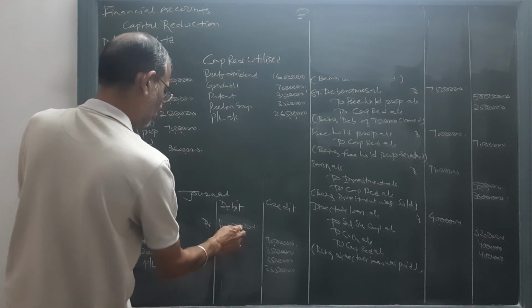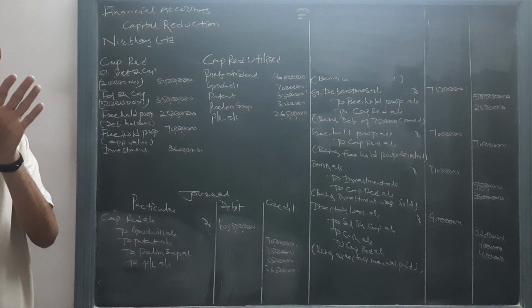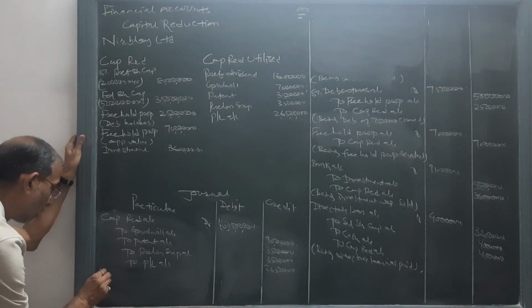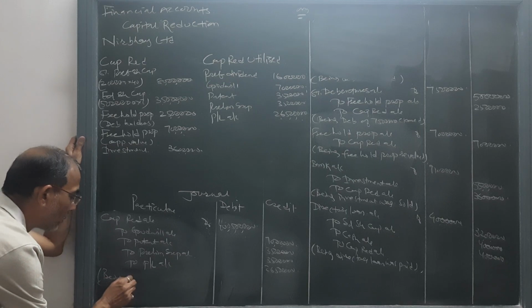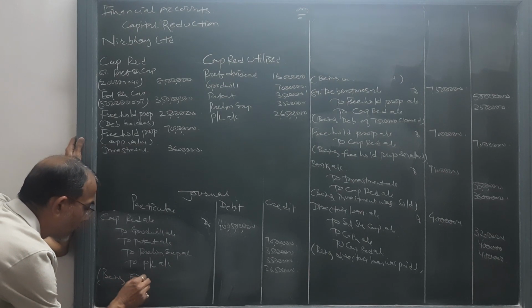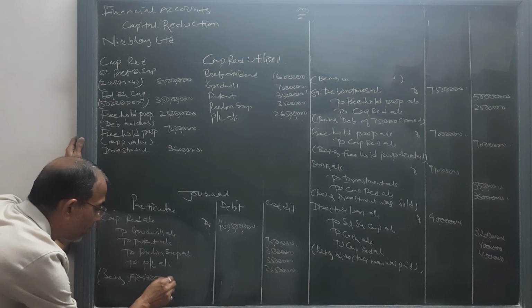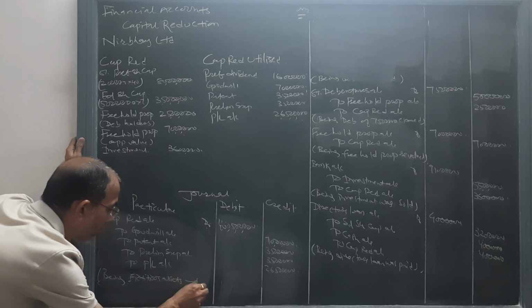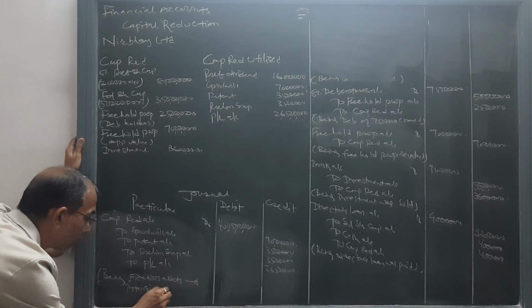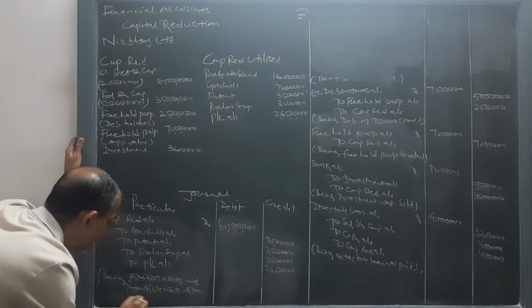That will be the amount to be debited to capital reduction account. Being fictitious assets and intangible assets written off.